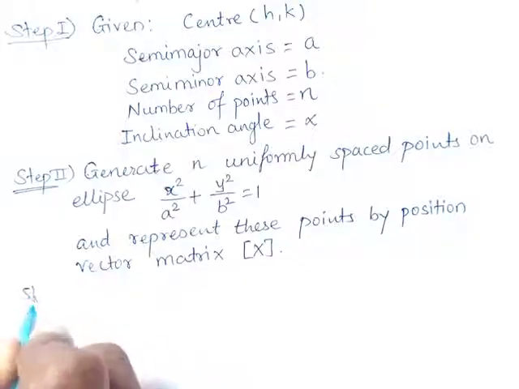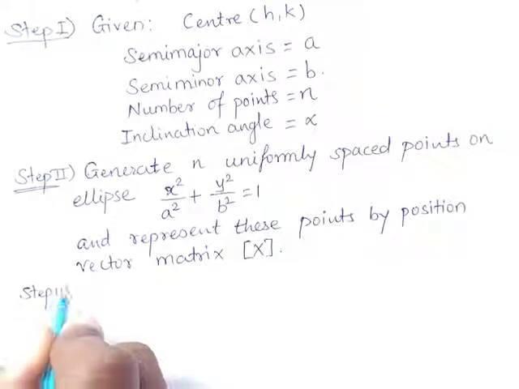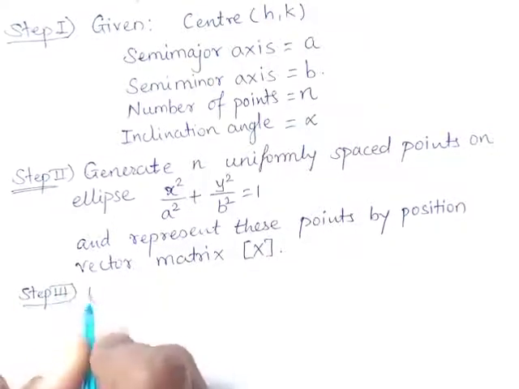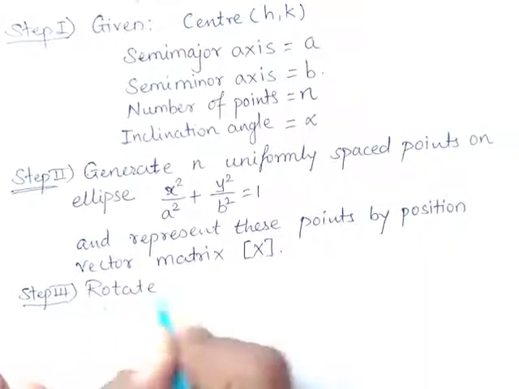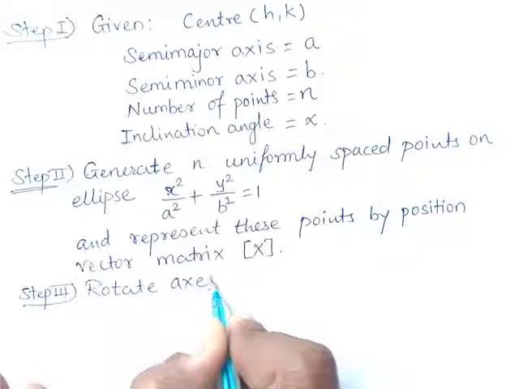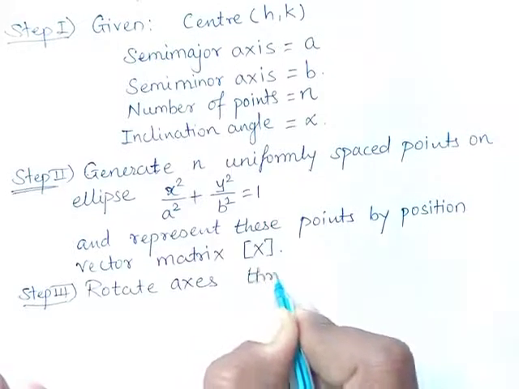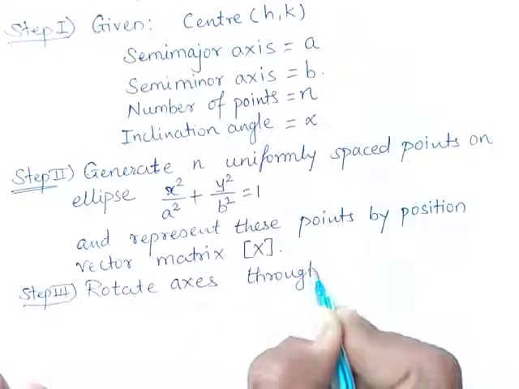Therefore step 3 says rotate both the axes through alpha.